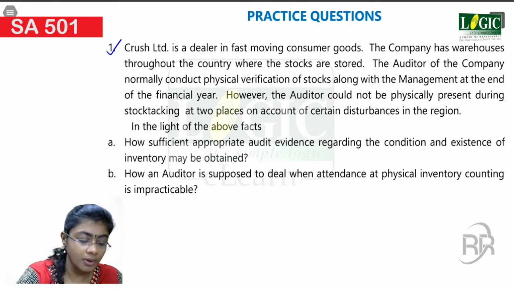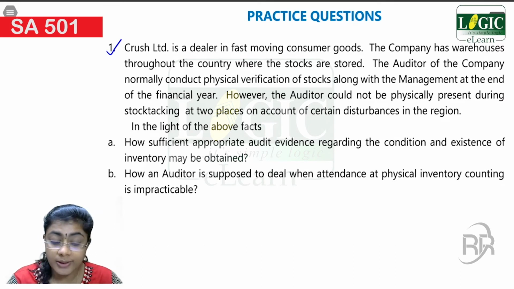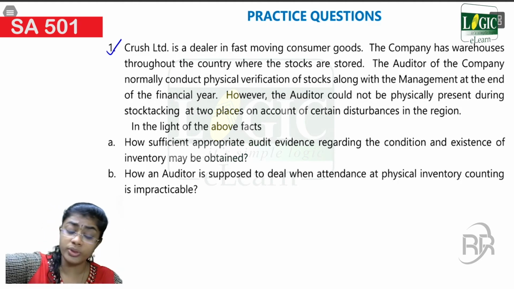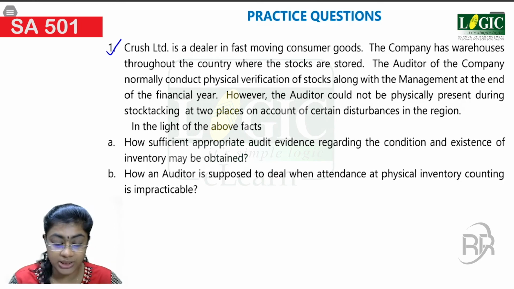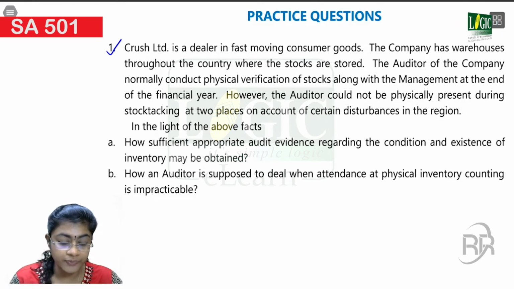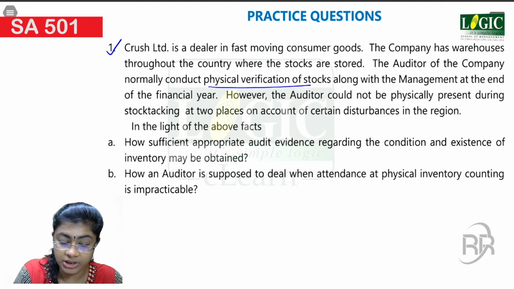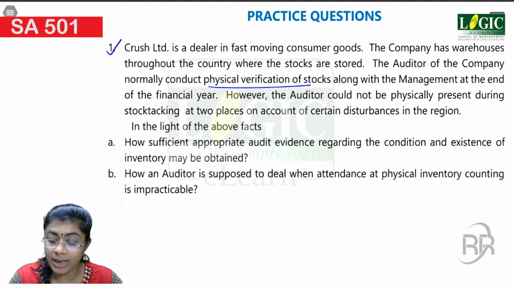Clear? First one. Crush Limited is a dealer in fast moving consumer goods. The company has warehouses throughout the country where the stocks are stored. The auditor of the company normally conducts physical verification of stocks along with the management at the end of the financial year.